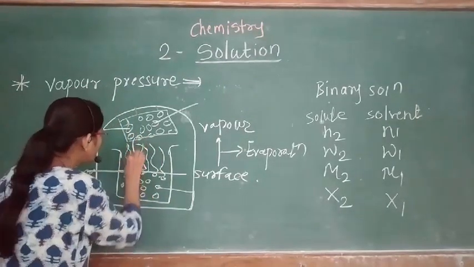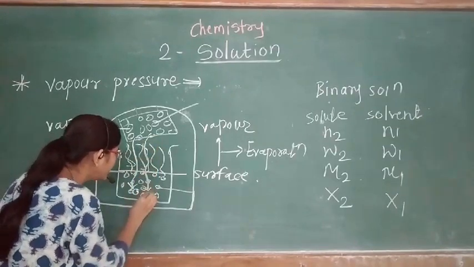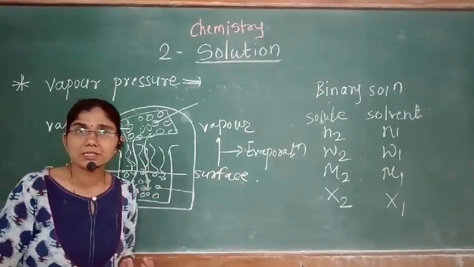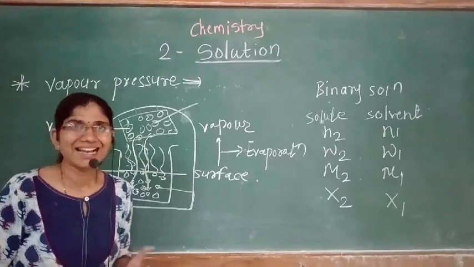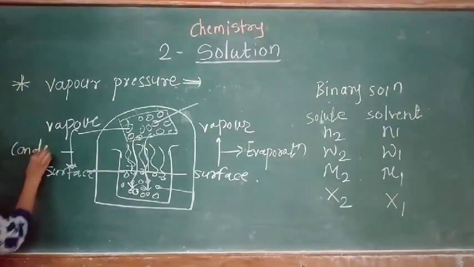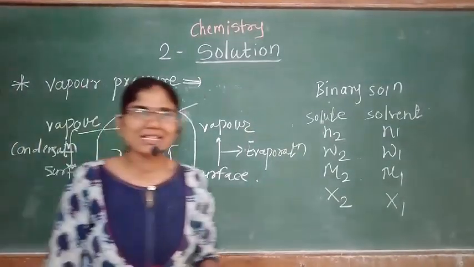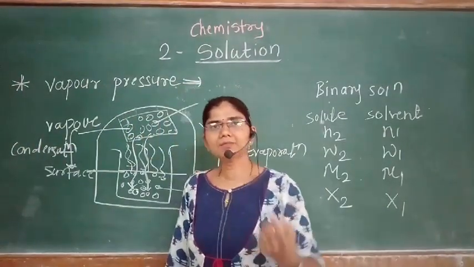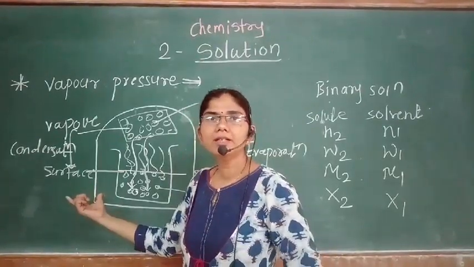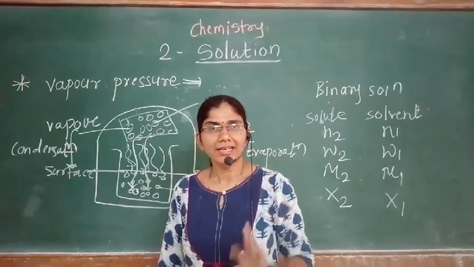Some molecules are returning back into the surface, that means into the liquid state, and this process is called condensation. That means when the gaseous molecules are converted into the liquid, this process is called condensation.